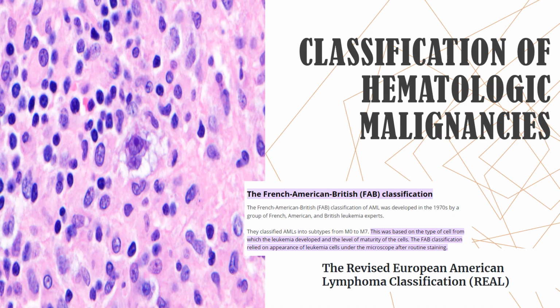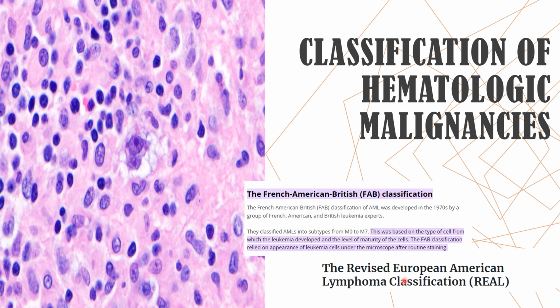So the classification of hematologic malignancies is tackled here, and a lot of schemes have been used over the years in classifying these malignancies. We refer to them as hematologic malignancies because immunoproliferative disorders are mostly composed of problems with blood cells. The French-American-British classification was used as a consensus criteria for leukemias and myelodysplastic syndromes.